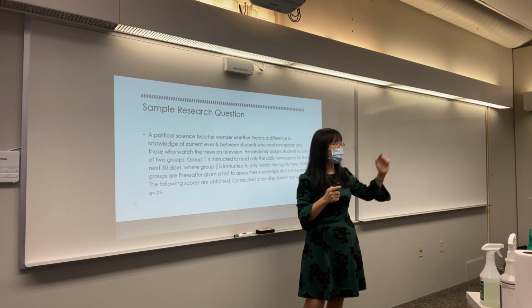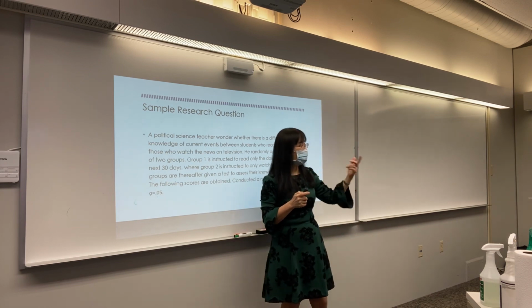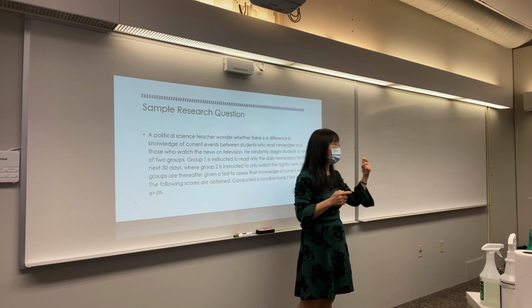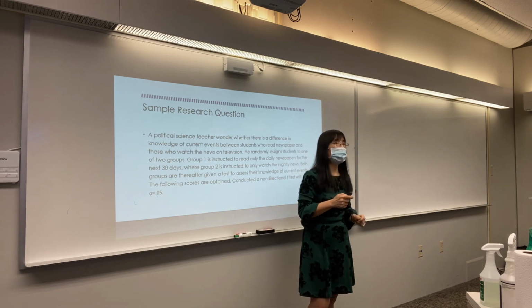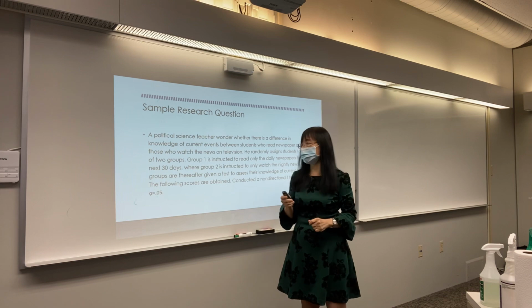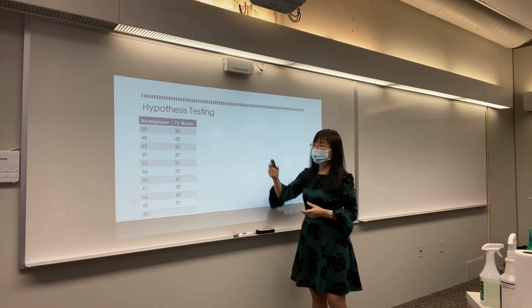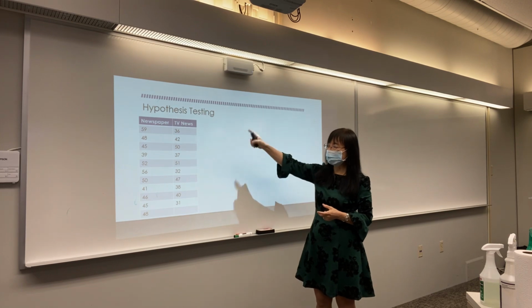They have 2 groups. Group 1 they tell to only read the newspaper, group 2 they tell to only watch TV, and then they test their knowledge. So this is the data: newspaper, TV news.